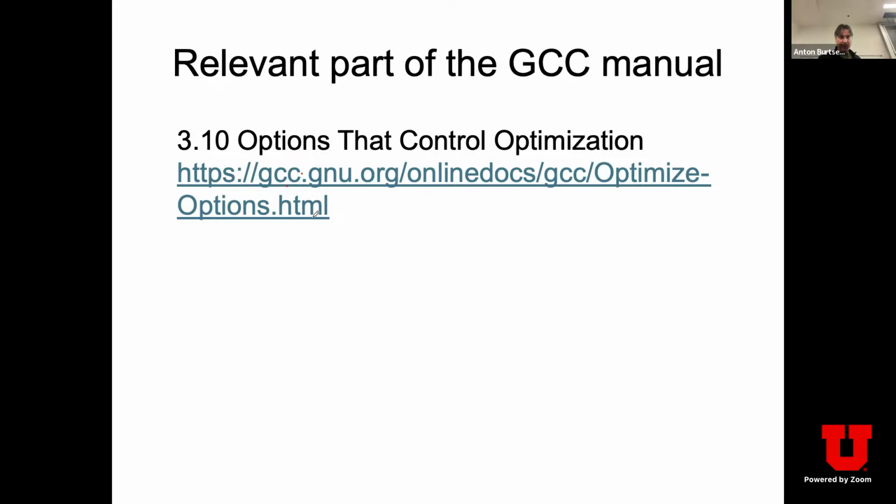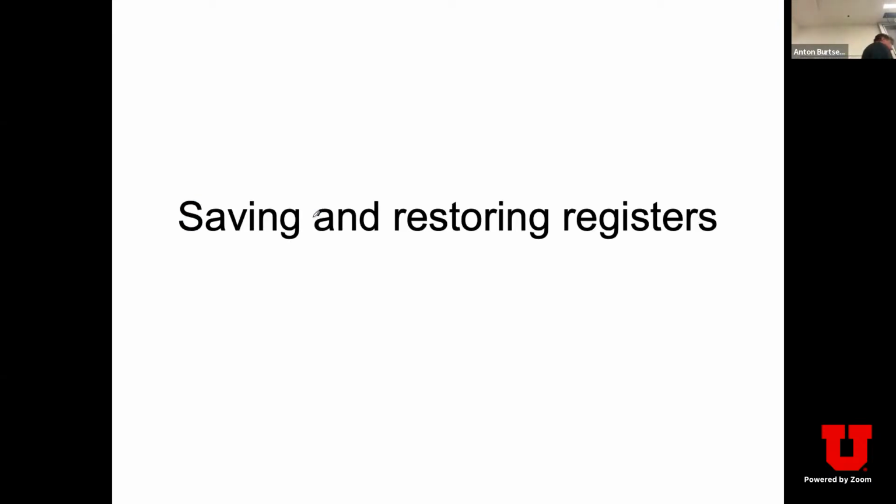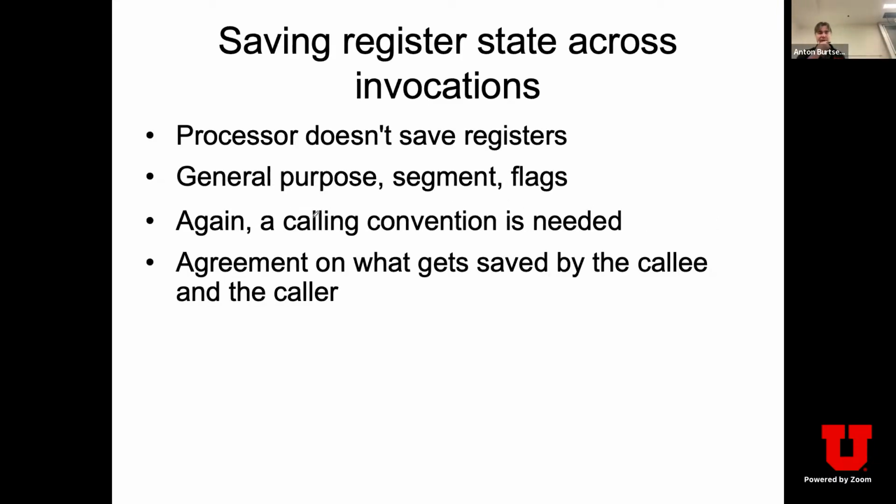A couple of other conventions. I said that when we call a function, we need to make an agreement on who is responsible for saving and restoring registers, either the caller or the callee. And again, you can be flexible about it, right? Just to give you a little bit more context here, the call instruction does not save any registers, right? It just says, okay, forget about it.